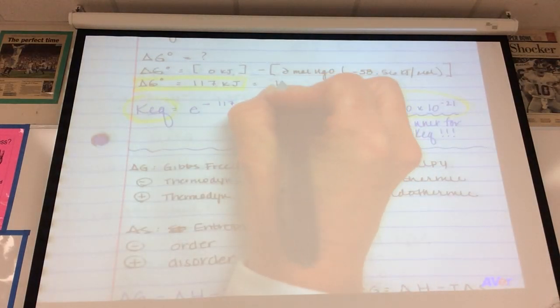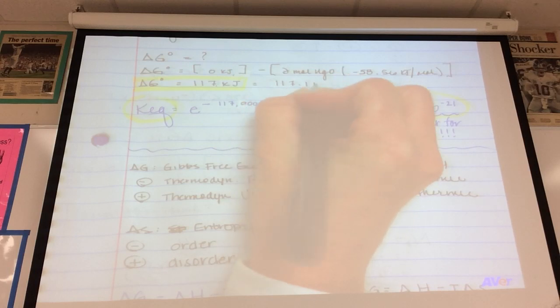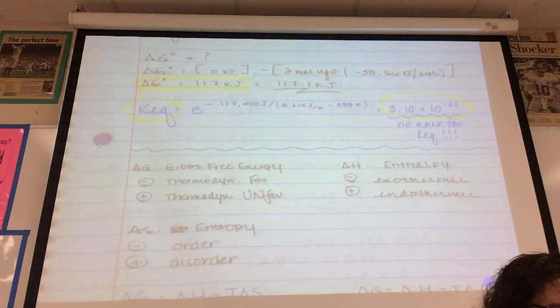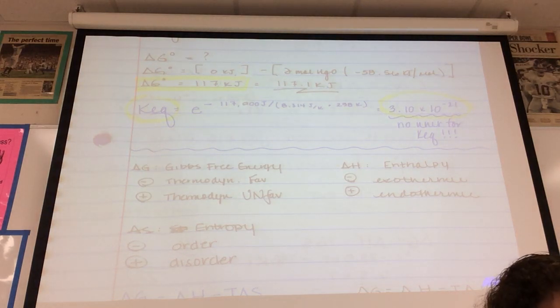I think I was a little lazy with my sig figs. Probably should have maintained the 4 sig figs there. So if you did that, you would have had negative 117,100 divided by 8.314 times 298.